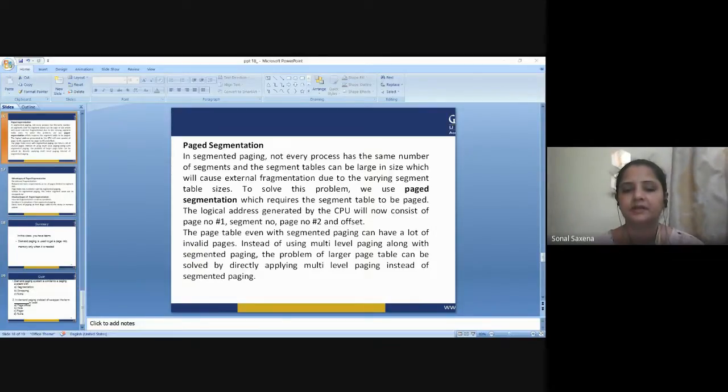The offset is further divided into page number and page offset. To map the exact page in the page table, the page number is added to the page table base. Then the actual frame number with the page offset is mapped to the main memory to get the desired word in the page of the certain segment of the process.